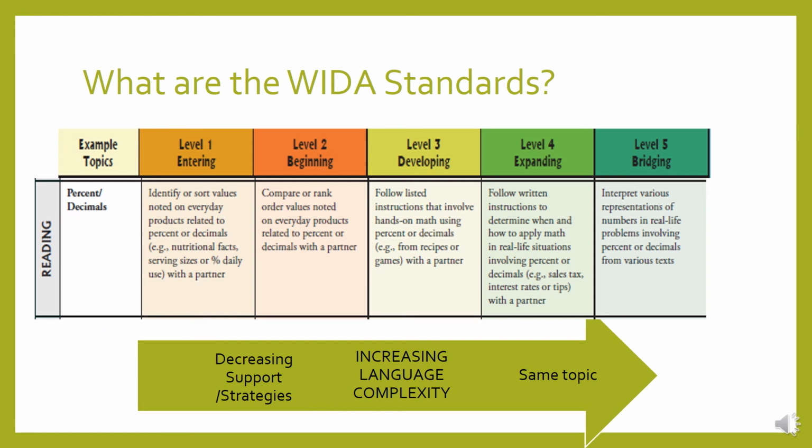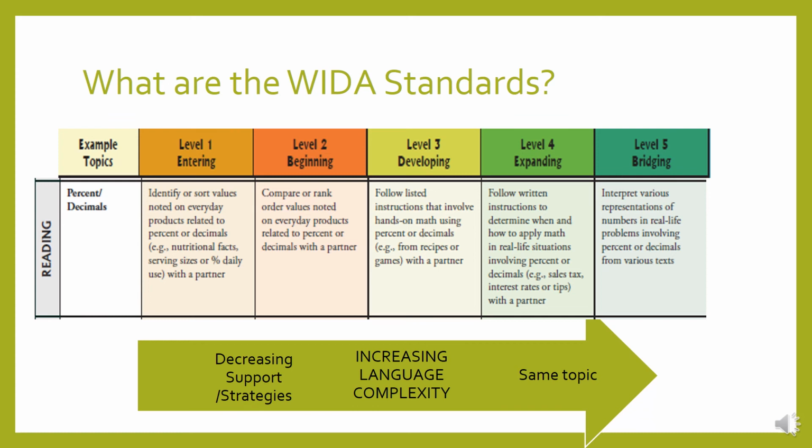Within each of your domains, you're going to have this scale, and this is really what WIDA looks like from a teacher standpoint, and what we see a lot of. So you have these five levels, and they progress from entering all the way up to bridging, and after bridging, that's when they're exiting the ELL program.